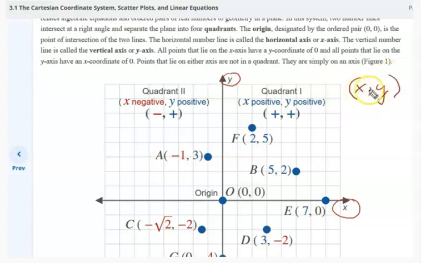Now, these will be two sets of numbers, an x value and a y value.